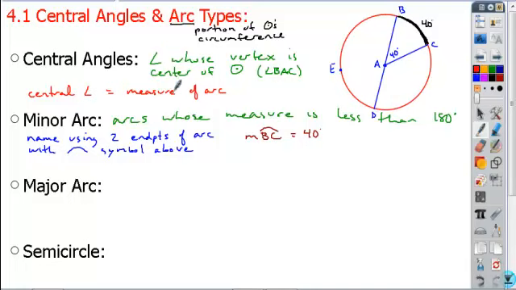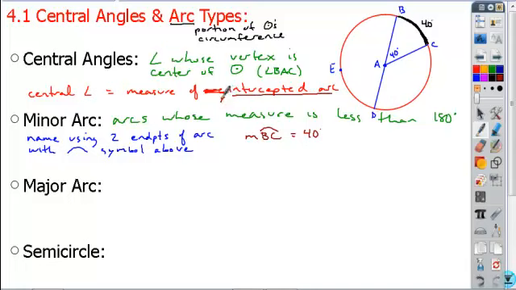And actually, let me come back here and expand on this. It's the measure of its intercepted arc. I want to expand on that definition.